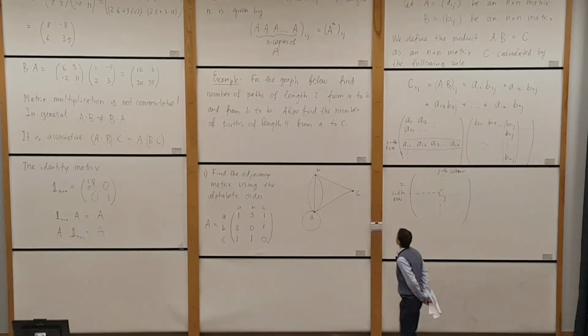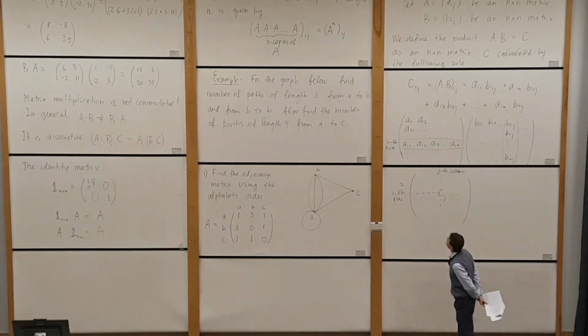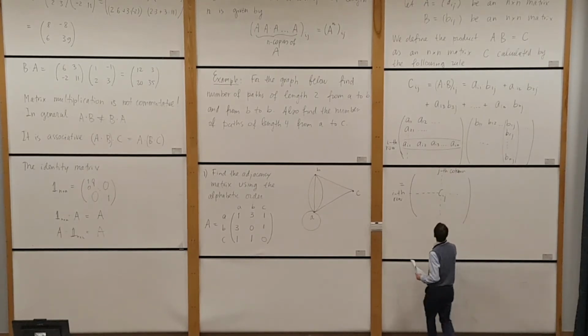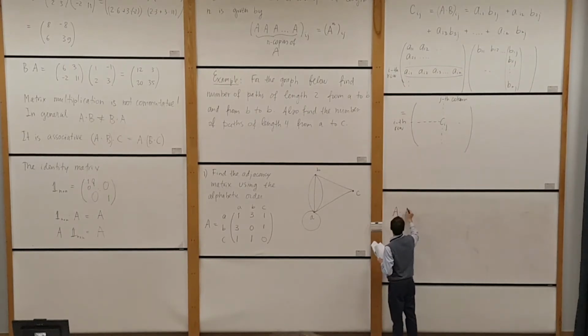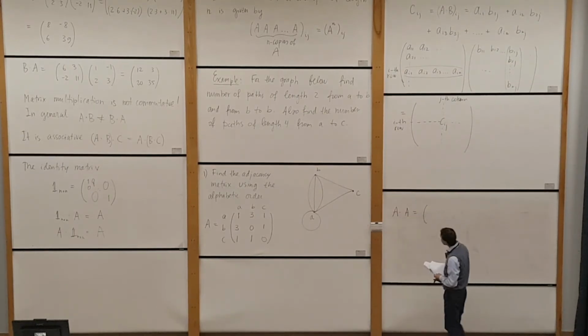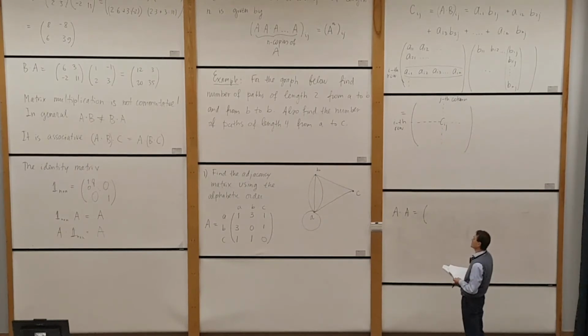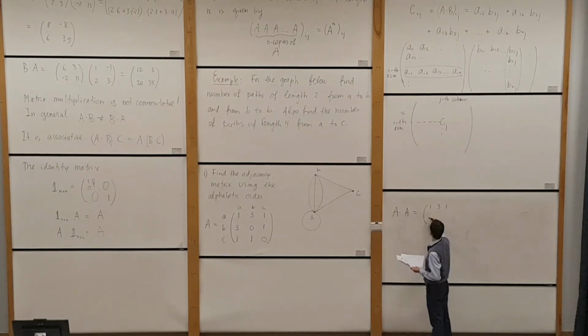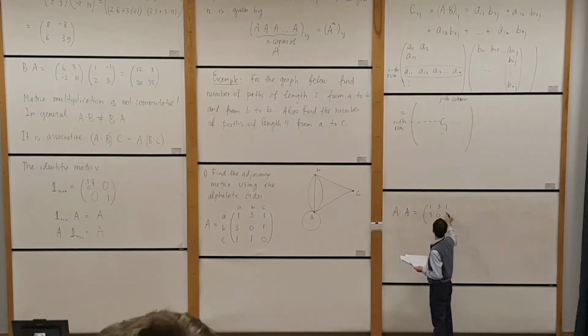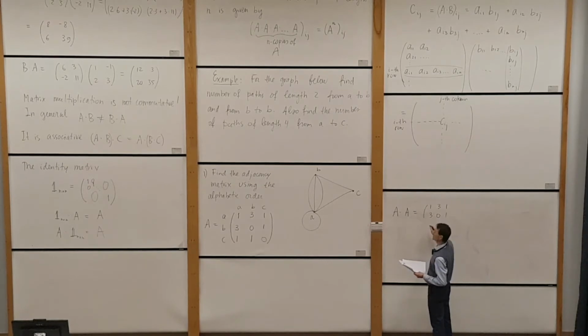And first we will calculate the numbers of paths of length 2. So length 2 means I have to multiply 2 copies of the adjacency matrix. I take A times A, and to calculate that, I will write the 2 copies next to each other. So 1, 3, 1, 3, 0, 1, and 1, 1, 0.